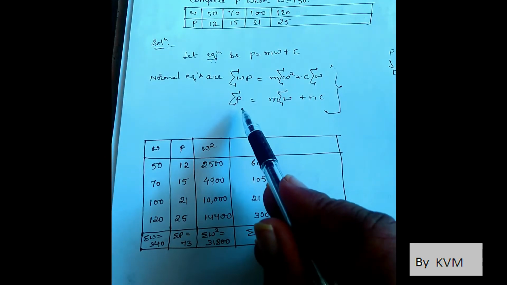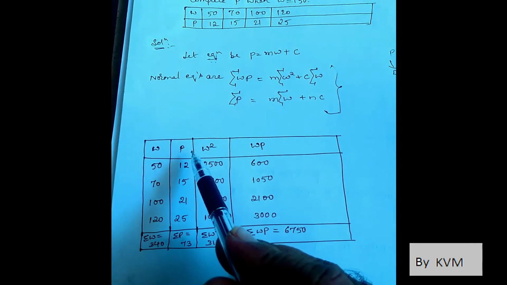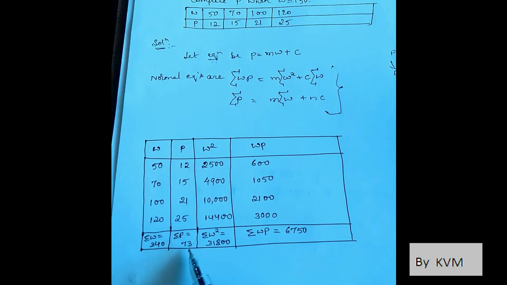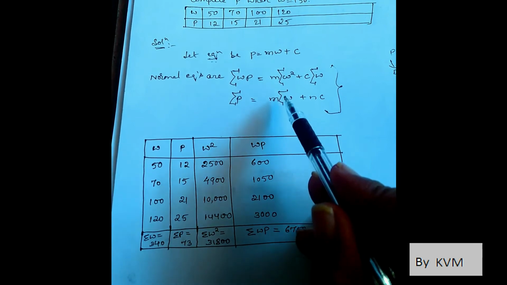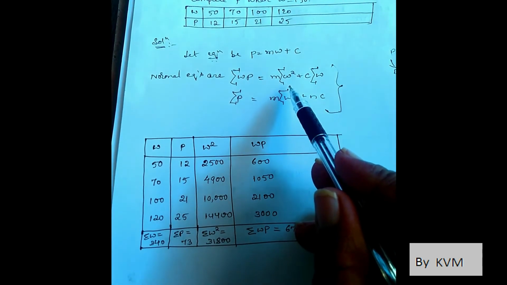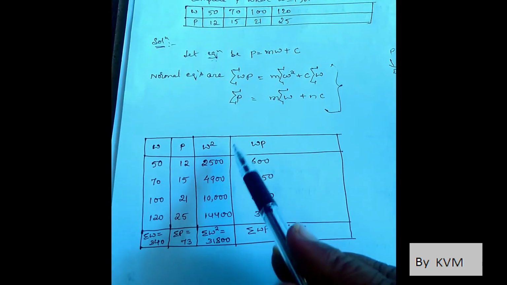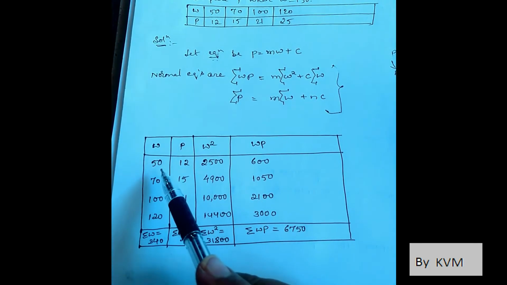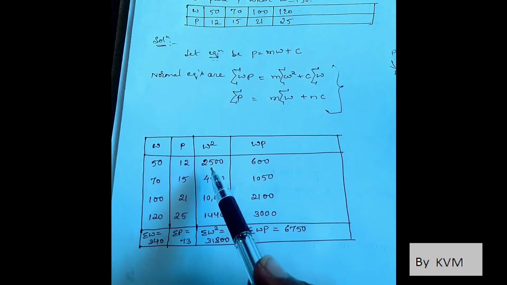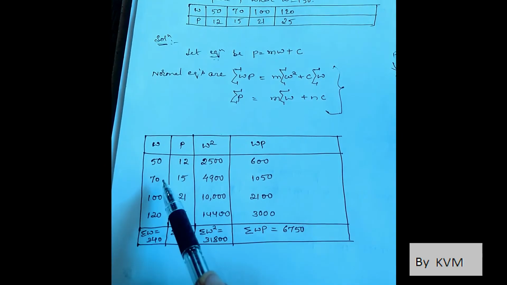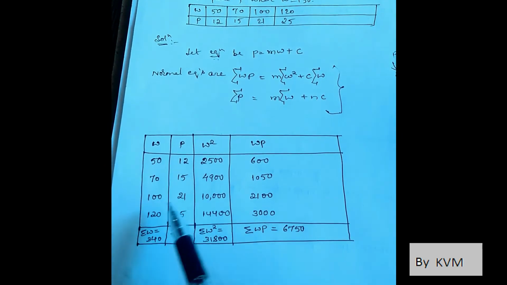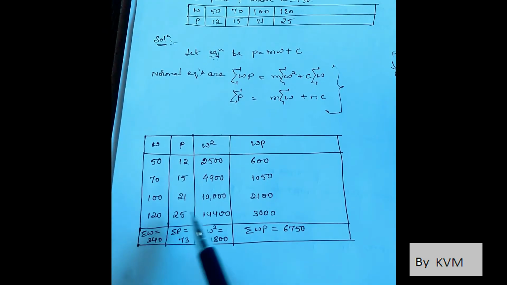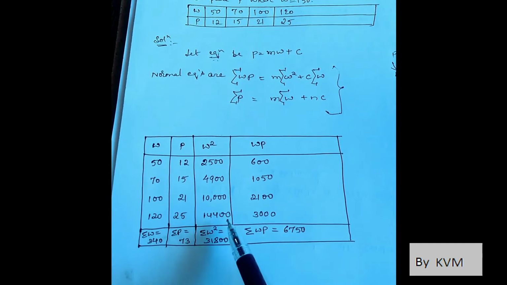Then sigma P from the second normal equation, summing up all the values of P, we get sigma P equals 73. Then from the first normal equation, we have to find sigma W square. So squaring W, we get 50 square 2500, 70 square 4900, 100 square 10,000, 120 square 14400.